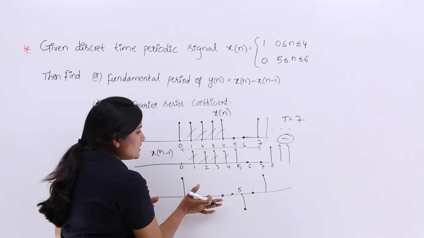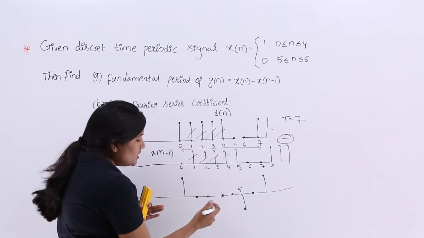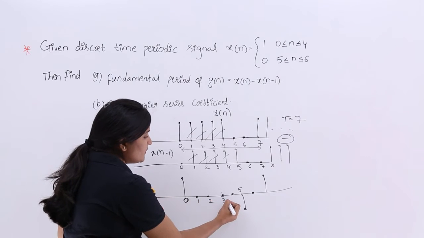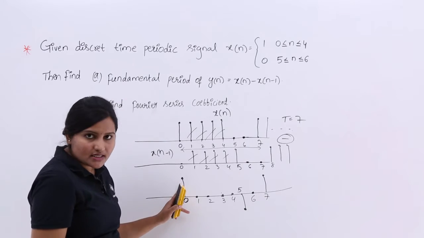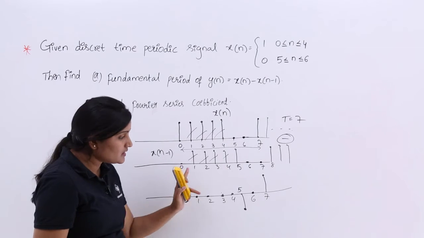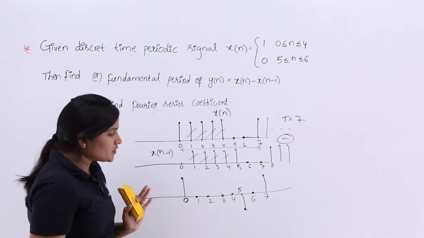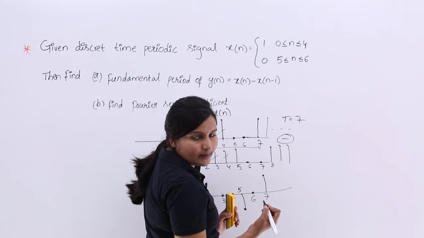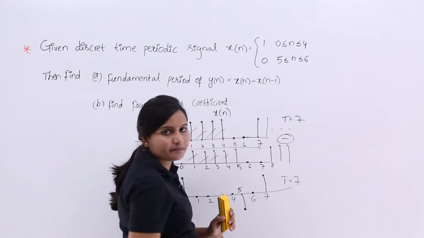Coming to this resultant signal, if this is the starting point 0, 1, 2, 3, 4, 5, 6 and 7, this signal is going to repeat again at 7. So, for this signal also the fundamental period is equivalent to 7.